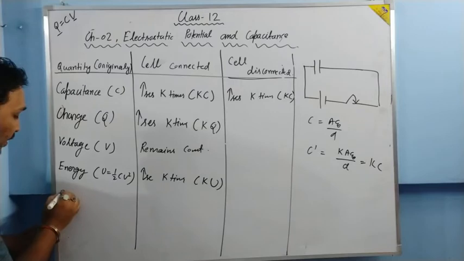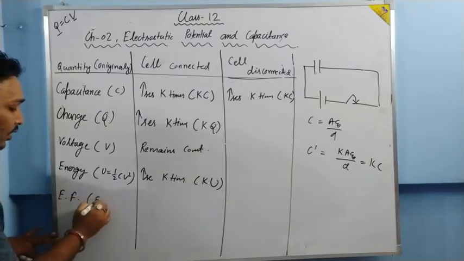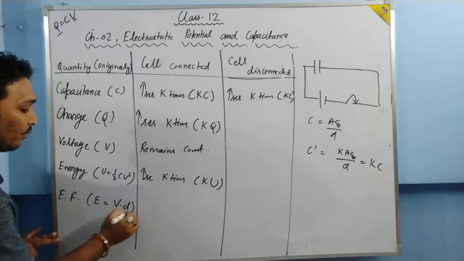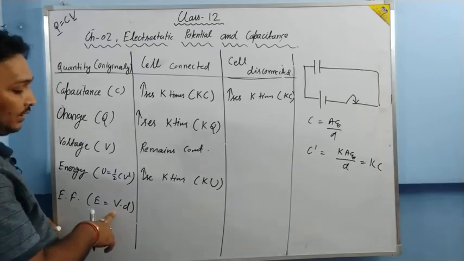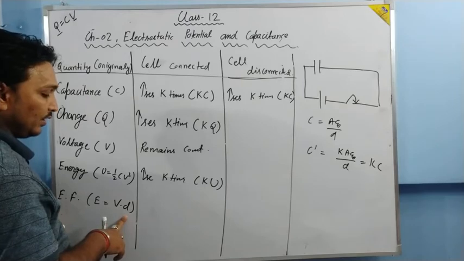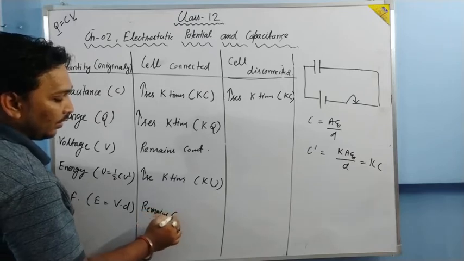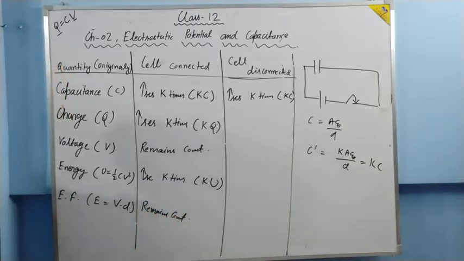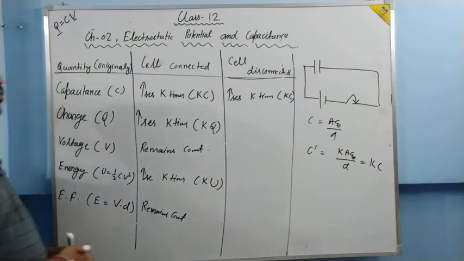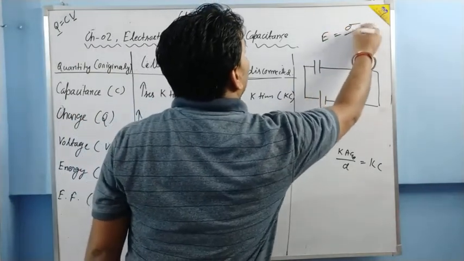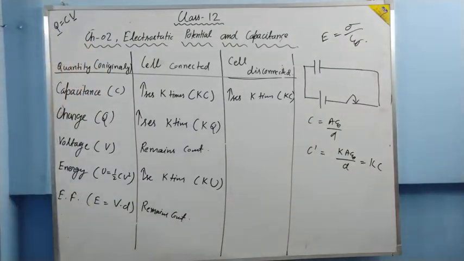Now let us define electric field. Electric field E is equal to V upon D. Voltage remains constant, D remains constant, therefore electric field remains constant. Now some good student may have a doubt, since electric field can also be given as sigma upon epsilon naught, and sigma is charge density, which is Q upon A. Q is changing, therefore electric field will be changing.